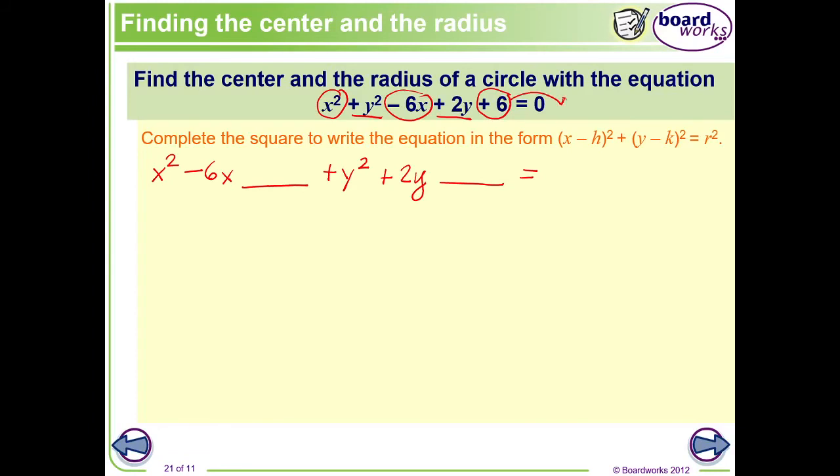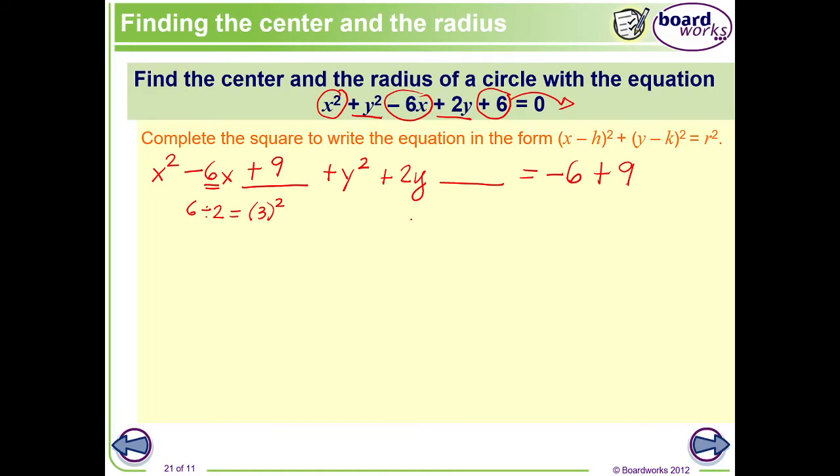Negative 6. That becomes negative 6. Now, do the same process. 6 divided by 2 is 3. Square 3 is 9. Plus 9 goes here.